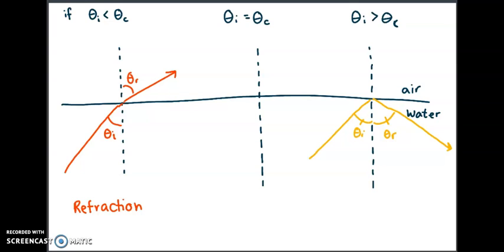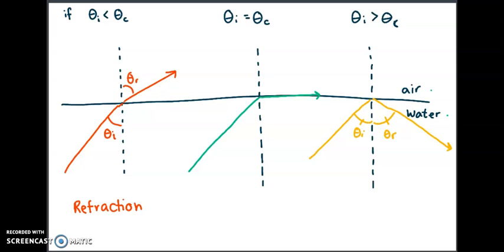So, what is the critical angle then? The critical angle is the angle at which light goes from water into air, or from any slow material into fast, and it bends so far away from the normal line that it goes exactly along the boundary.